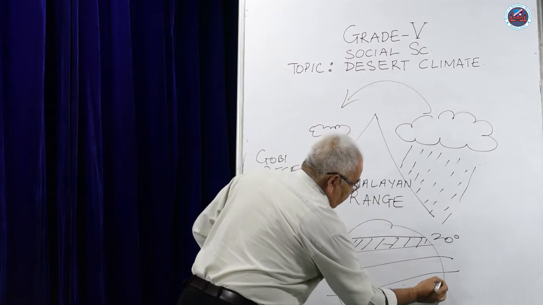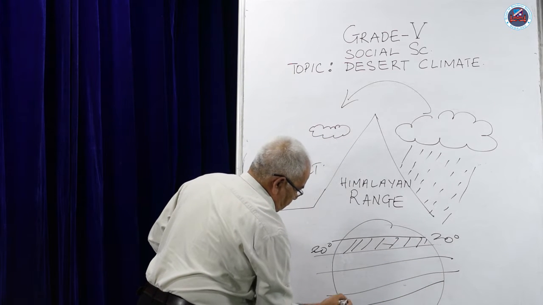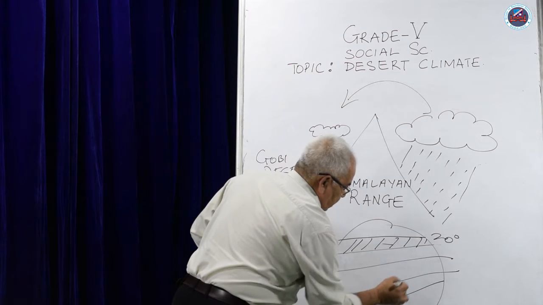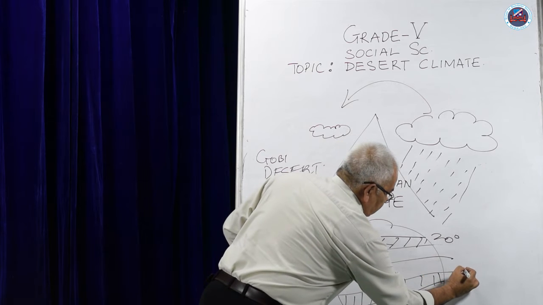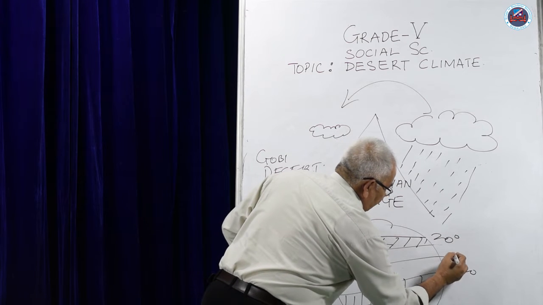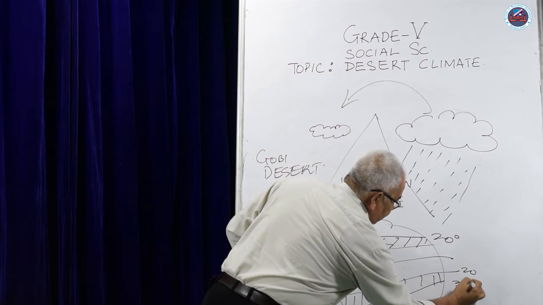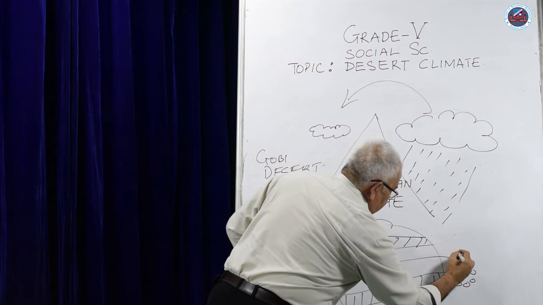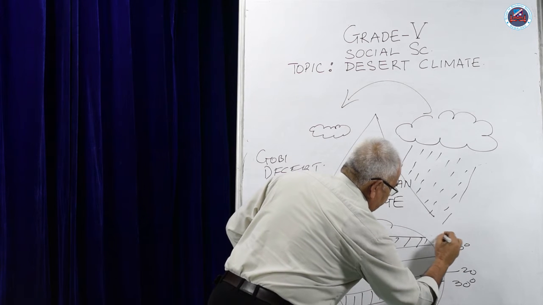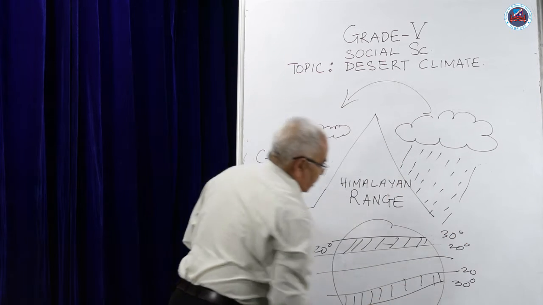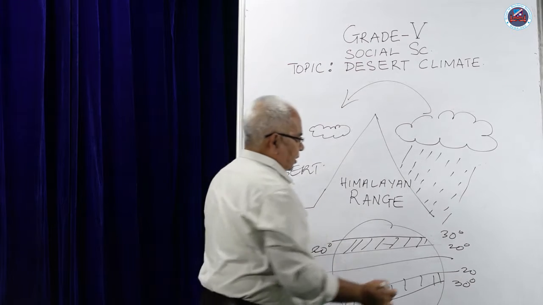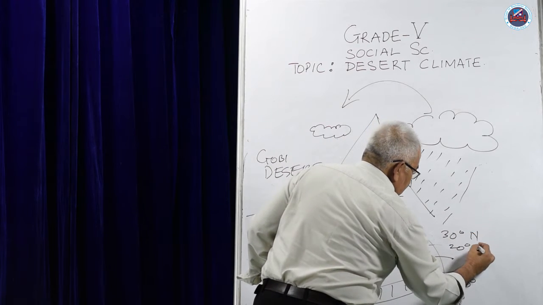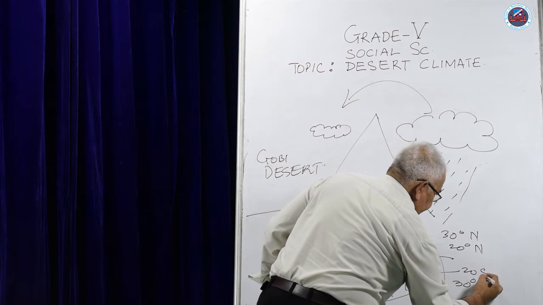And over here, the same thing. This is the region. So 20 and 30 degrees. Now, this is north latitude and this is south latitude.